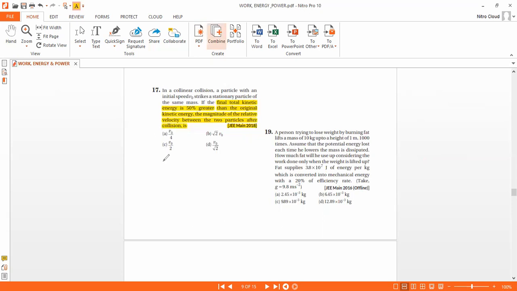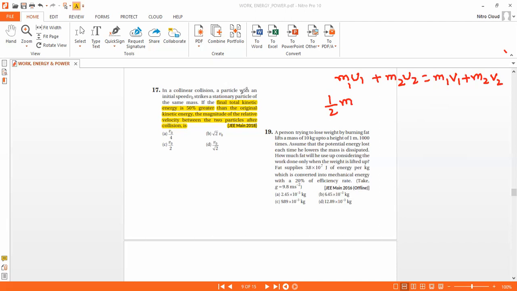Okay. So I can say that initially m1 u1 plus m2 u2 is equal to m1 v1 plus m2 v2. And the kinetic energy, suppose firstly I'll write half, both are having the same mass.